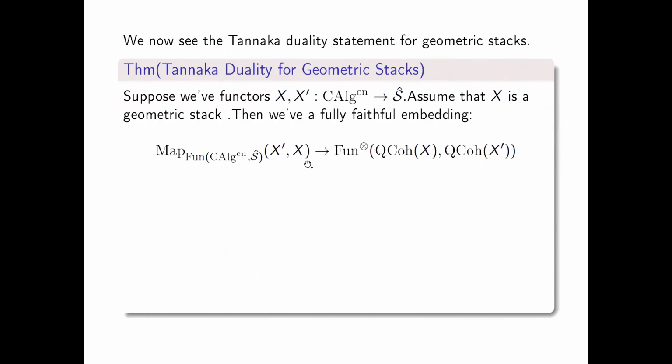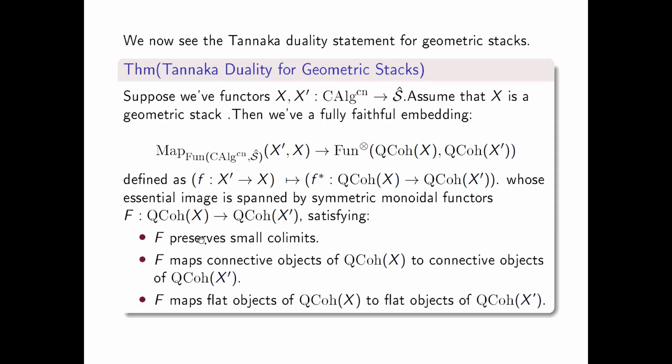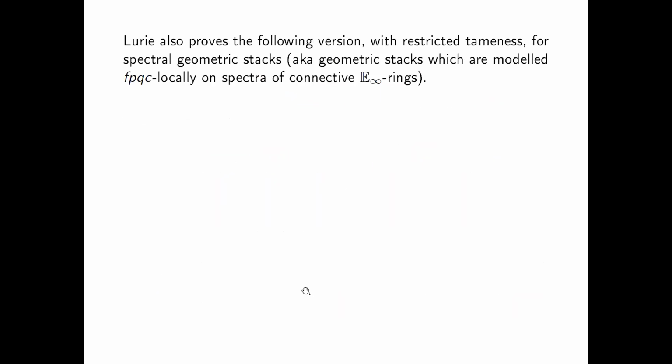Similarly, I've defined this category of symmetric monoidal functors, defined again similarly by F goes to F upper star. This is the essential image spanned by these symmetric monoidal functors that satisfy the fact that they preserve small colimits, and they map non-connective objects to non-connective objects and not flat objects to flat objects.